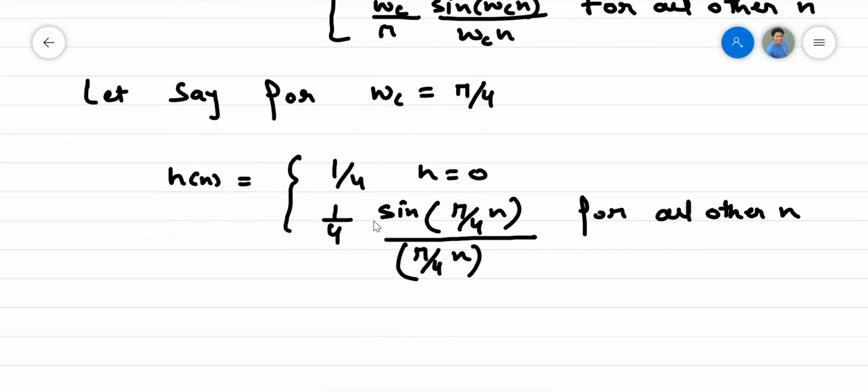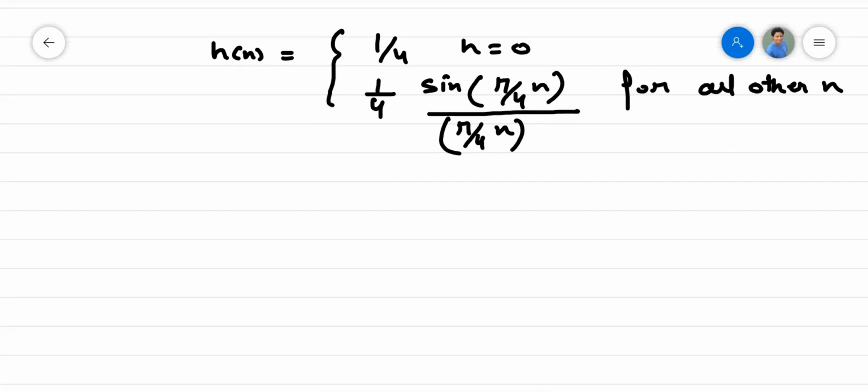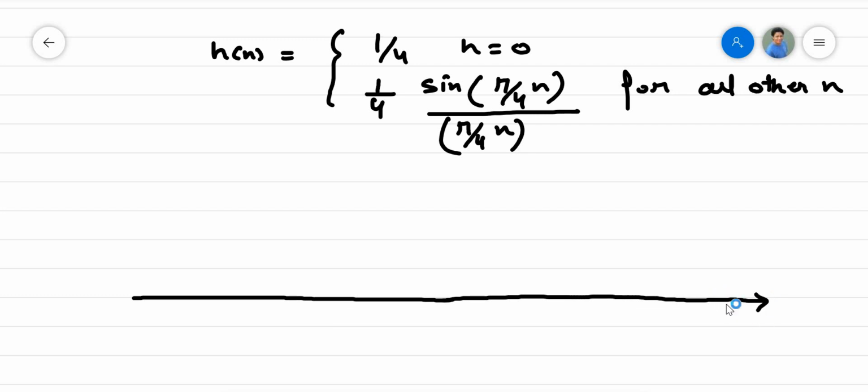So now if you want to plot this particular function of h[n], we can do that. We know it is a sinc function. So it goes from minus infinity to infinity for n.